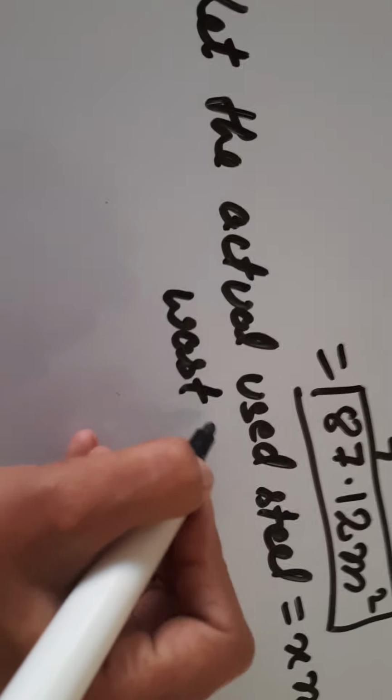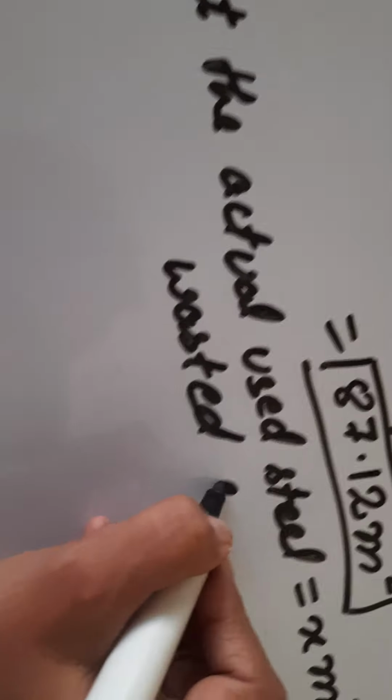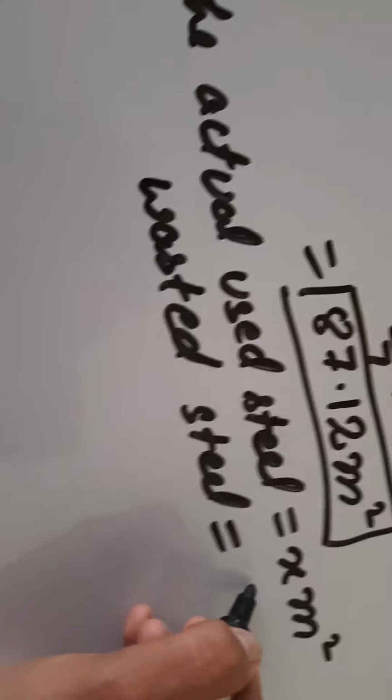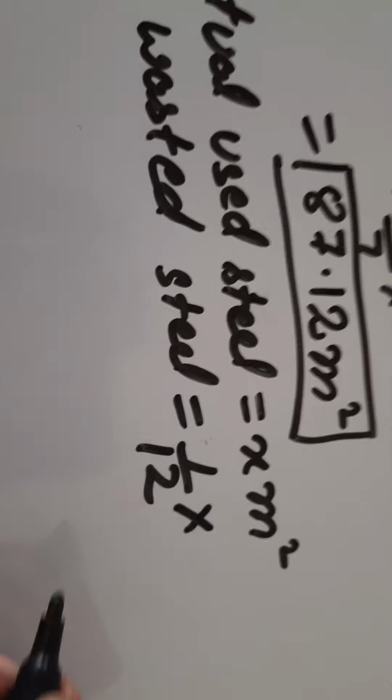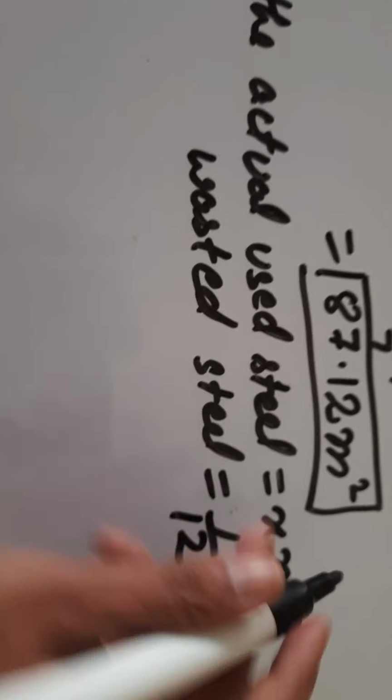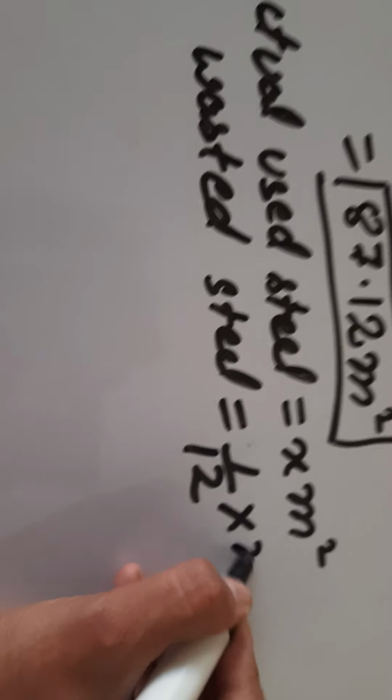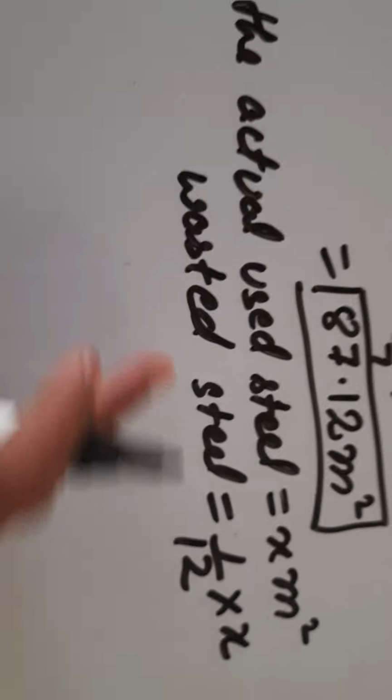Wasted steel is equal to how much? 1/12, what they have given us, 1/12 of the steel actually used. For of we will write multiplying, of the actually used steel. How much actually used? x. This is the steel wasted.